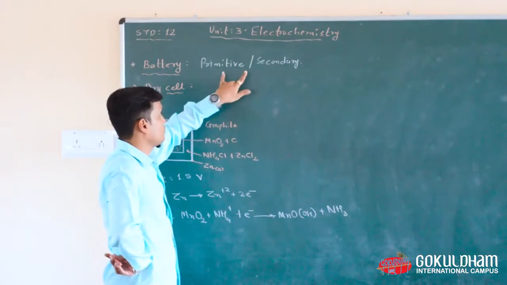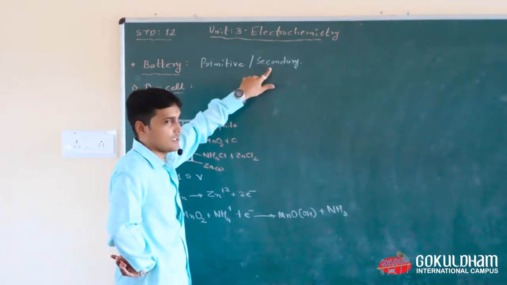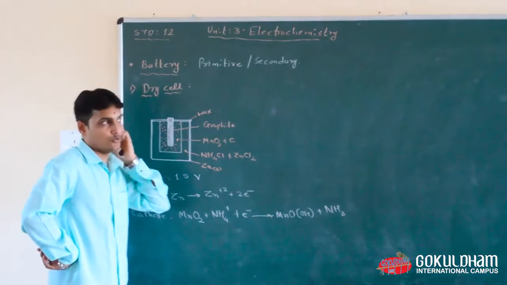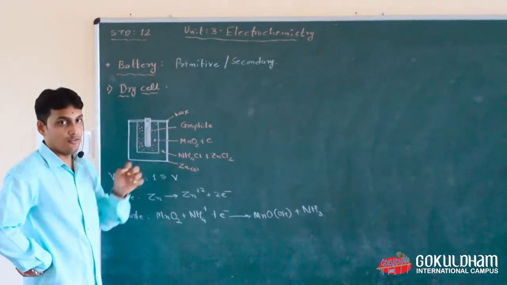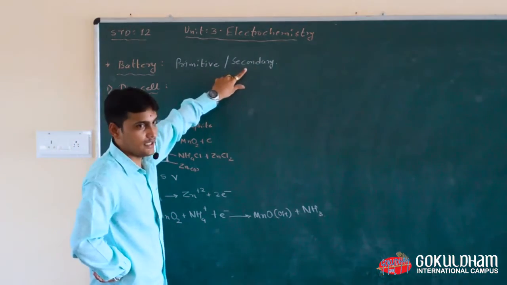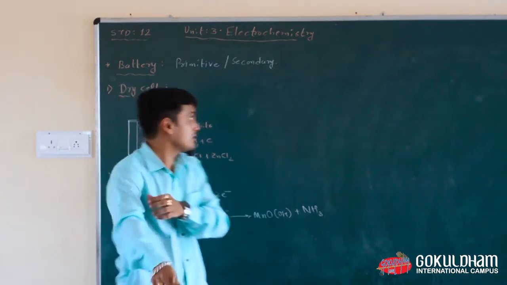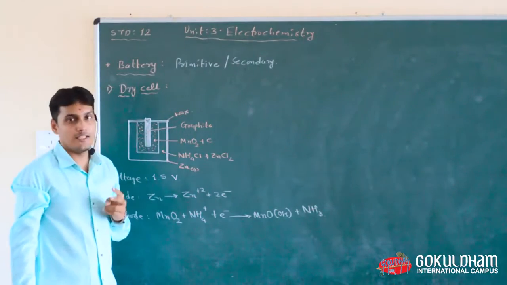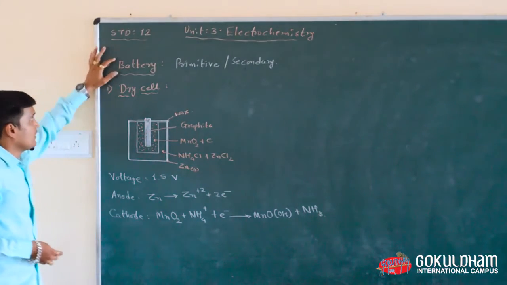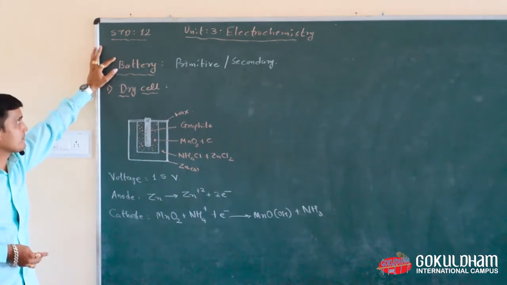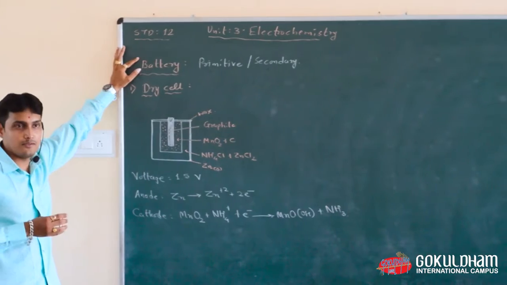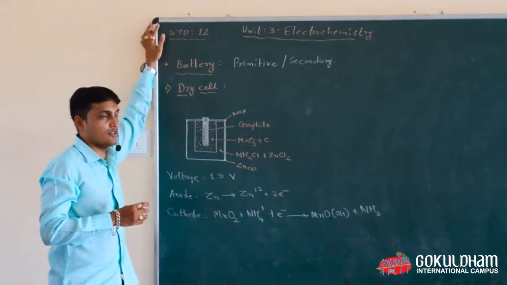Batteries consist of two types, one is the primary cell and the second one is the secondary cell. A primary cell means you can use that battery once, you cannot reuse it. In secondary batteries, you can recharge those batteries and reuse them after the reaction is over. A battery consists of one-time chemical reactions, and after the completion of the chemical reactions, the cell goes dead.